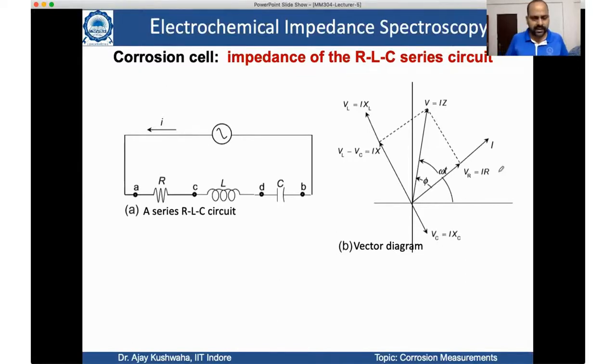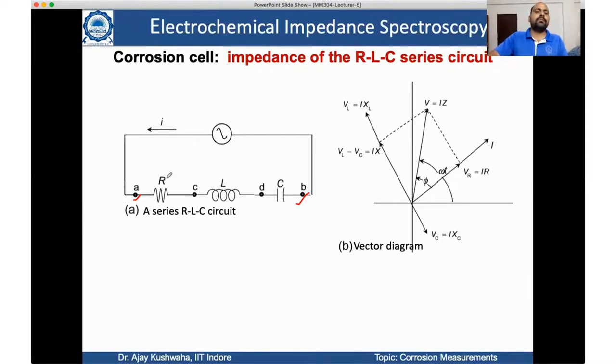So you can see again in figure A, point A and point B are there. In between we have the resistance, then in series the inductance and then in series the capacitance. So this is the case.